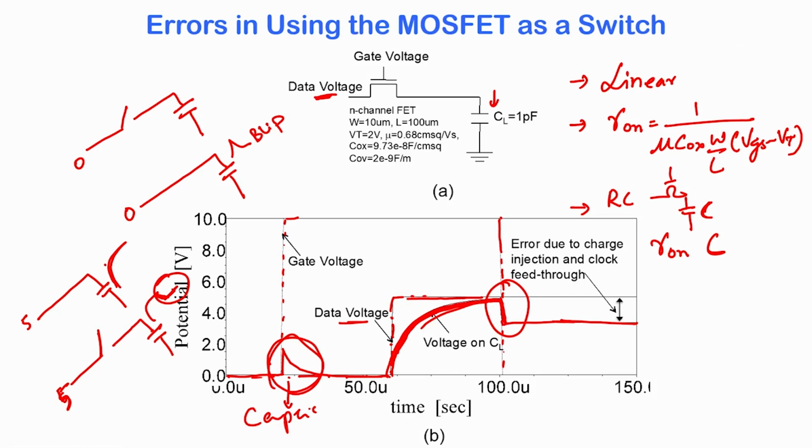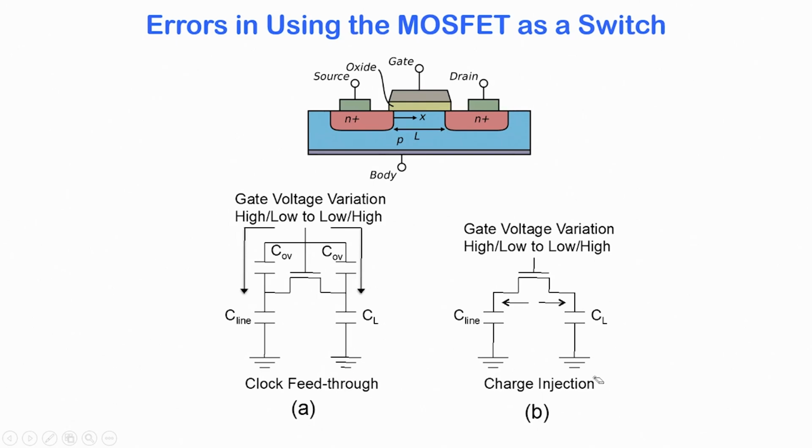The answer has to do with two different phenomena which cause parasitic errors in the MOSFET capacitor circuit. The errors are because of two different phenomena which are called clock feed through and charge injection, and both of them have to do with the operation of the MOSFET when the gate turns on and turns off.